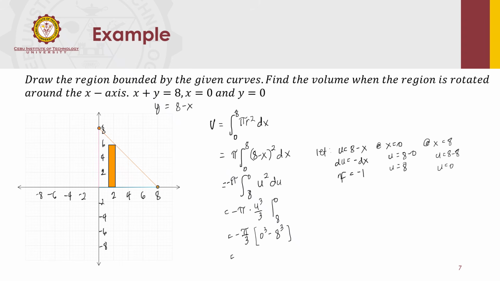So it's 8 cubed, or that's 64 times 8, 8 times 8 times 8, 512 pi over 3. Exactly, 512 over 3 times pi. Okay, and then it's cubic units.